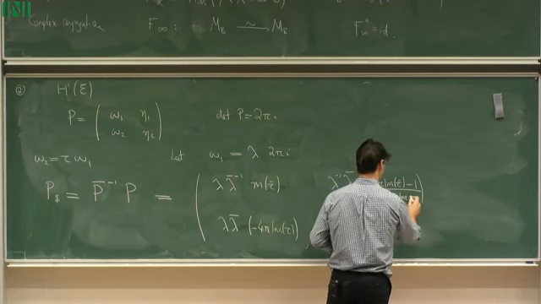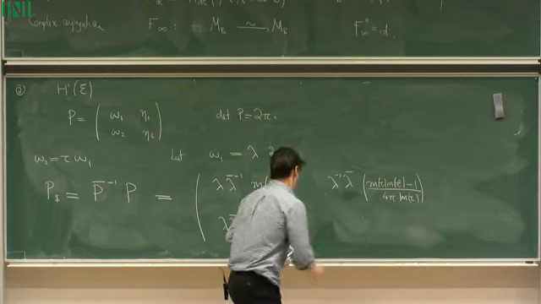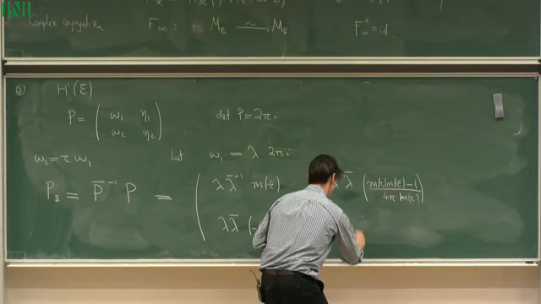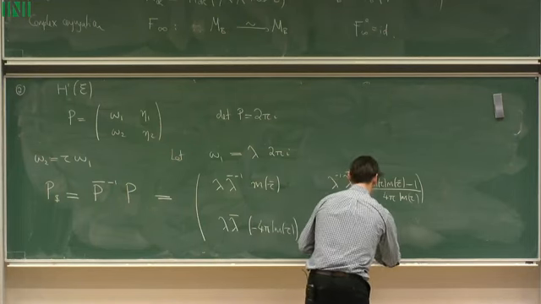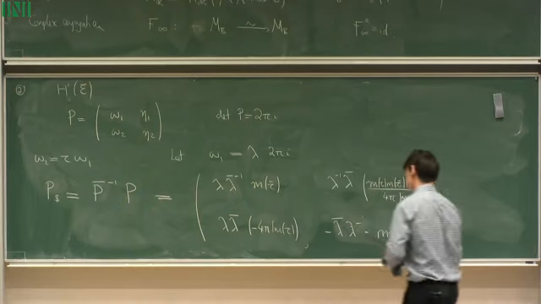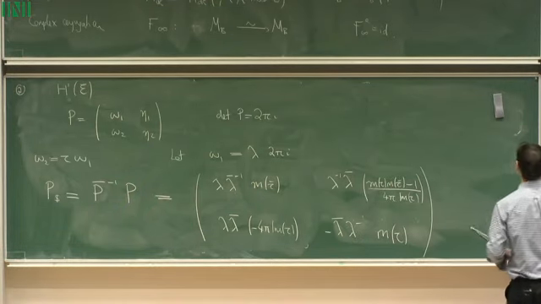I hope there's no sign error there. We can check. And then lambda bar lambda inverse minus m tau, I believe. So I'll now tell you what m is.